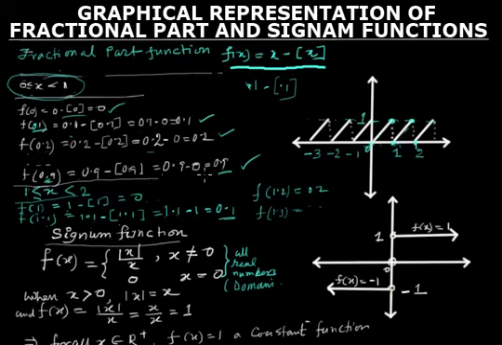From 2, at 2.1 the value of f(x) is 0.1, at 2.2 the value is 0.2, and it proceeds like this until 3. Similarly, on the negative side, in the range of minus 1 to 0, the value at minus 1 is 0, then at minus 1.1 it is 0.1, 0.2, 0.3, proceeding like this, and when it reaches 0, it drops to 0 again.